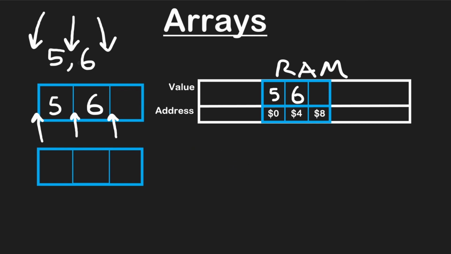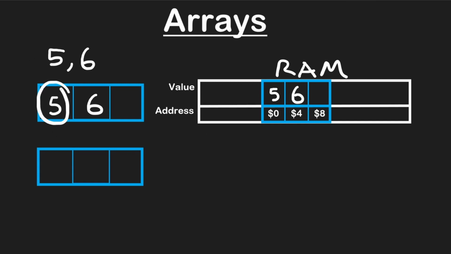But inserting at any arbitrary position, like the middle or at the beginning, is not going to be efficient because let's say I want to insert the value 4 at this position. Now, it's easy enough to overwrite the value with a 4, but then we have a 4 and a 6. What we actually want is to have 4, 5, 6. We could put the 4 over here because that's efficient.